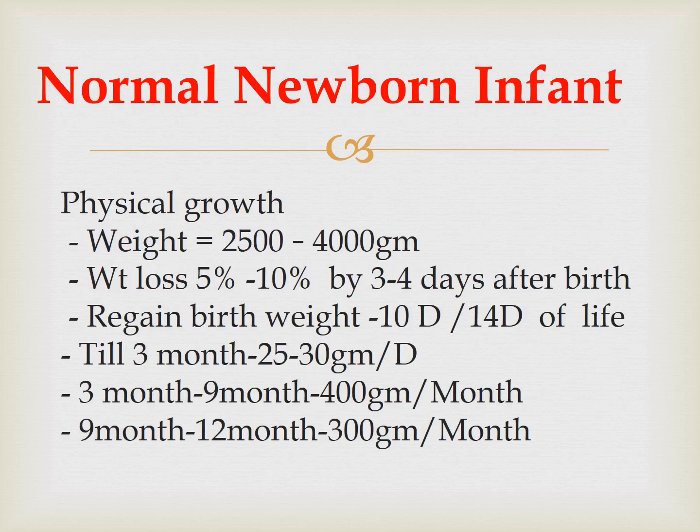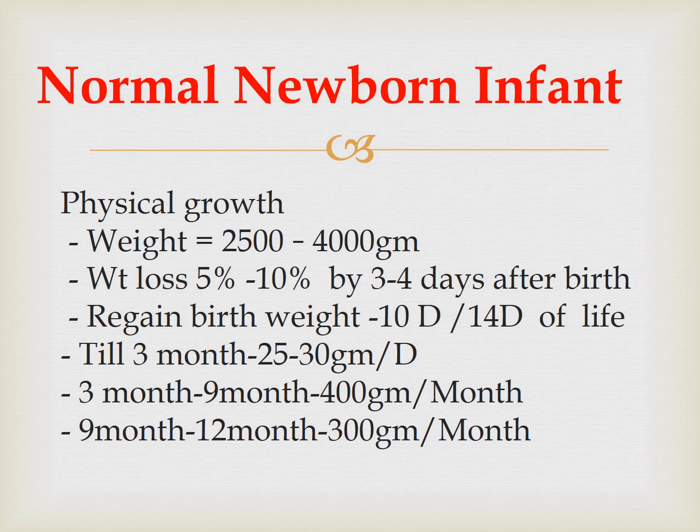In a normal newborn infant, if we see the physical growth, at birth, the normal weight of a newborn ranges from 2500 grams to 4000 grams. After that, there is a loss of weight of around 5 to 10% by 3 to 4 days after birth.